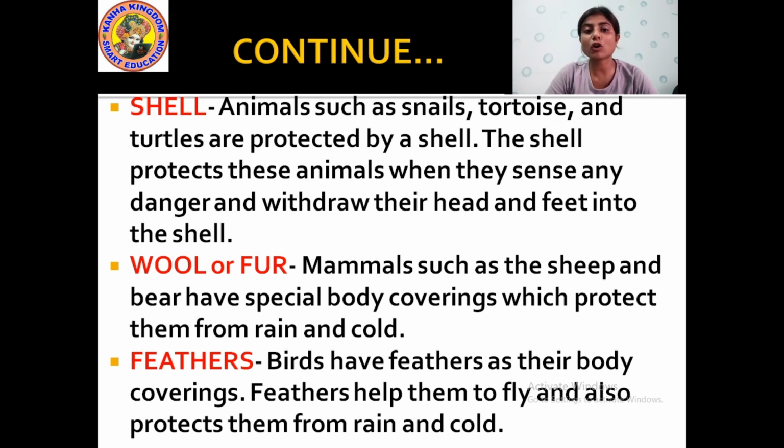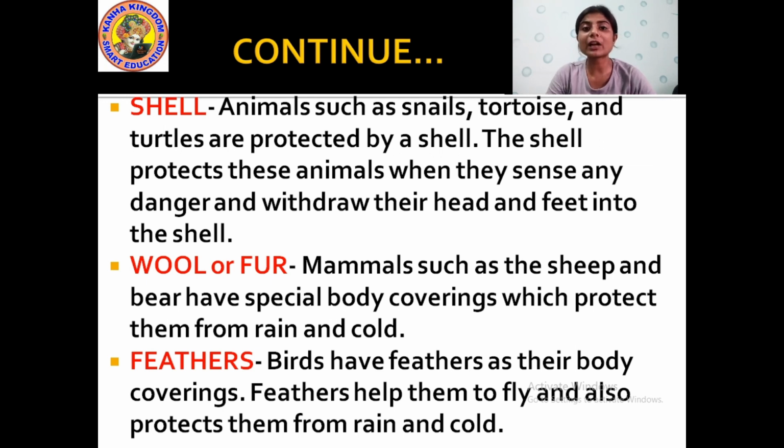Now, what is wool and fur? Wool and fur are also the body coverings of animals such as mammals. Now, what are mammals? Mammals are those animals which give birth to the young ones and which secrete milk. The female mammals secrete milk. Understood?